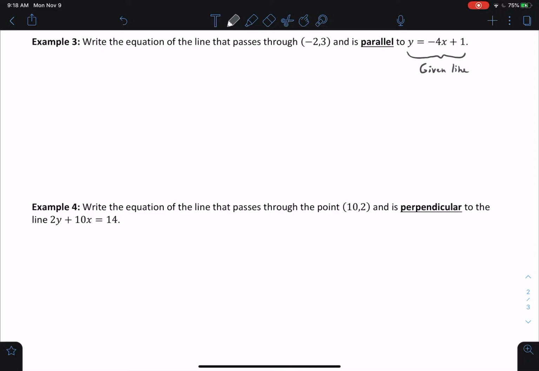We need to write an equation of a line that is going to be parallel to that given line. So what do I need from that given line? I need its slope. The given slope is m equals -4. So what does the slope of my line need to be if it's going to be parallel to the given line?